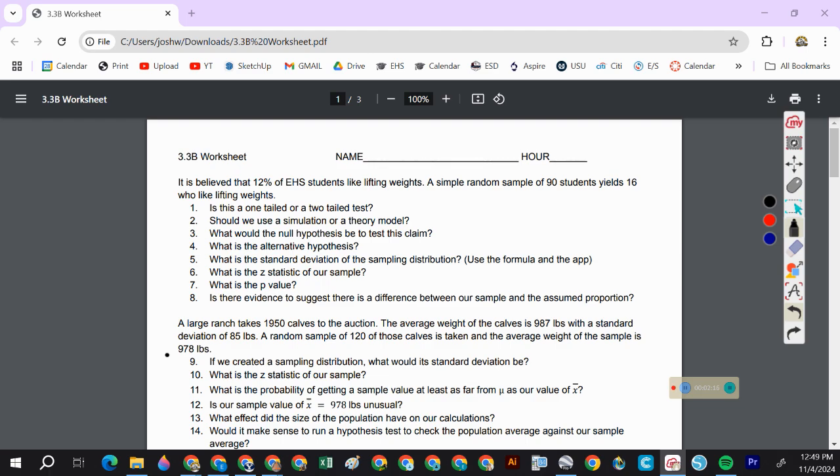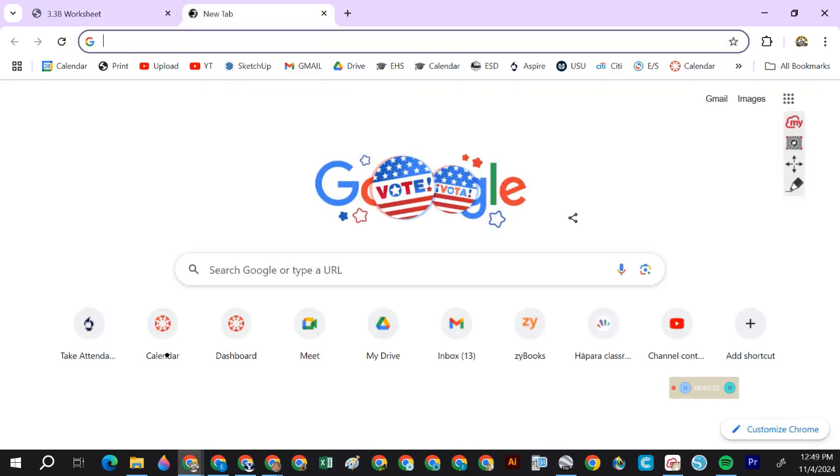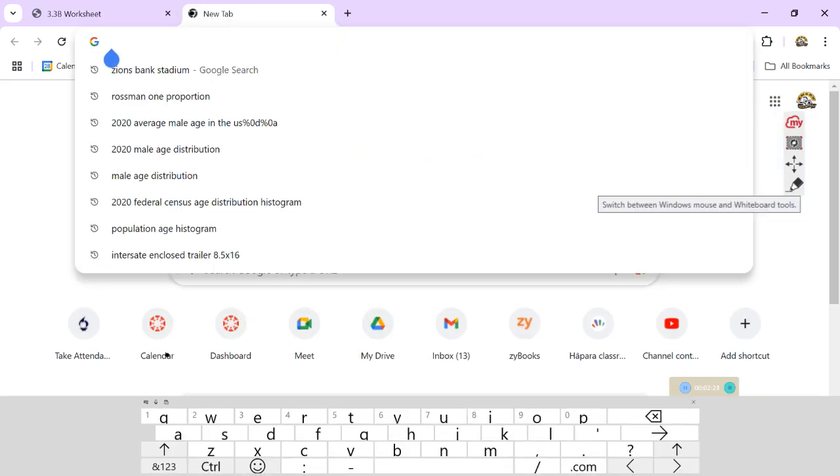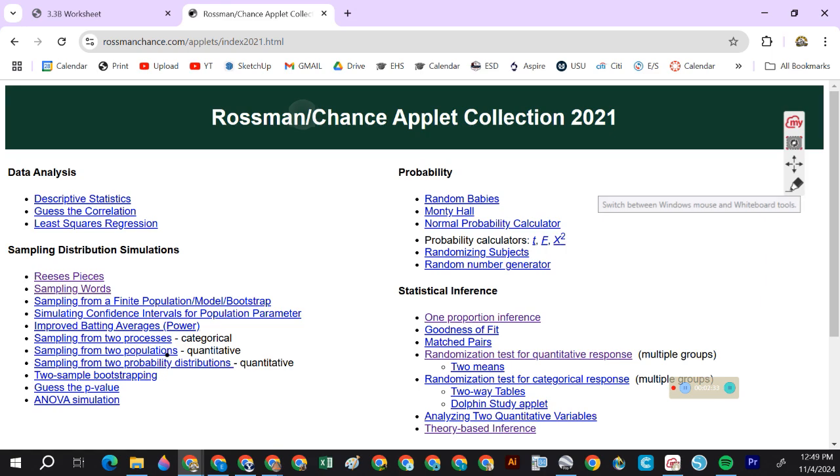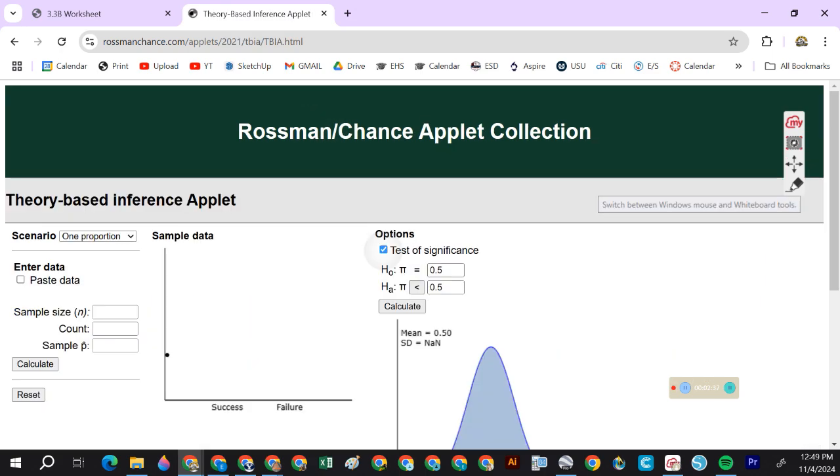Okay. And then, oh, we're going to have to look up our Rossmann. Is it there? No. Yes. Well, kind of. All right, so we want this one. And we want to do a test of significance.